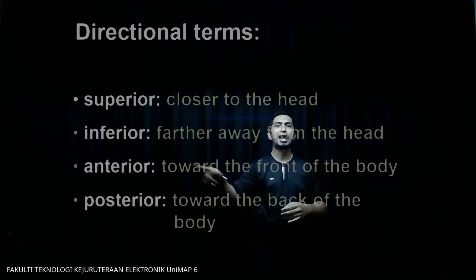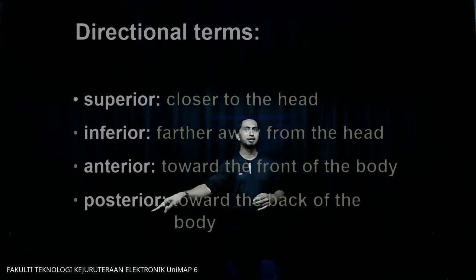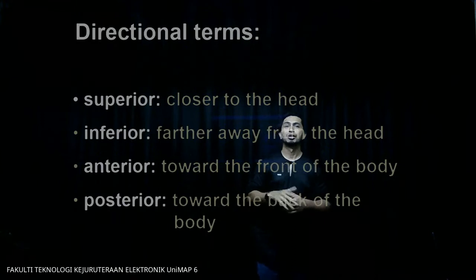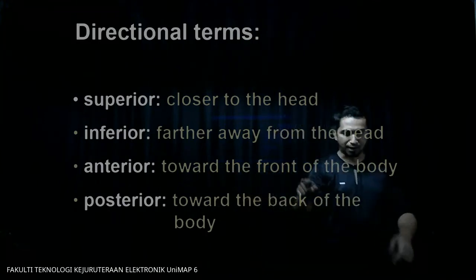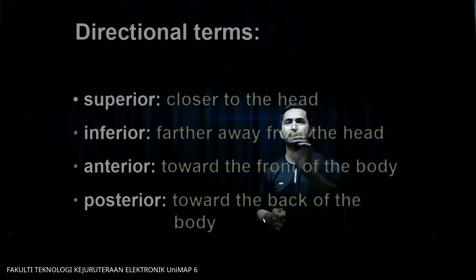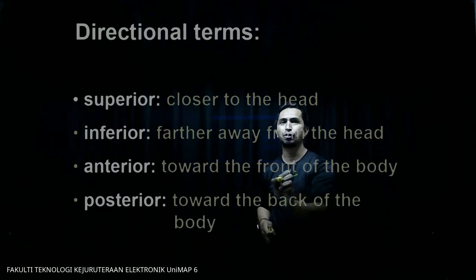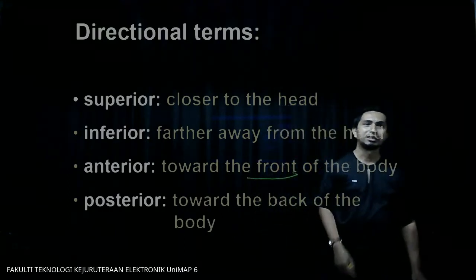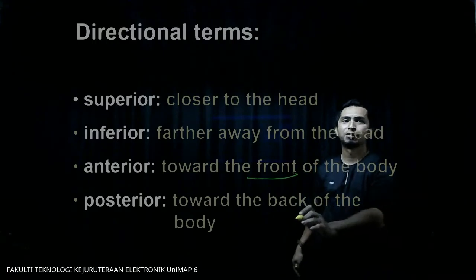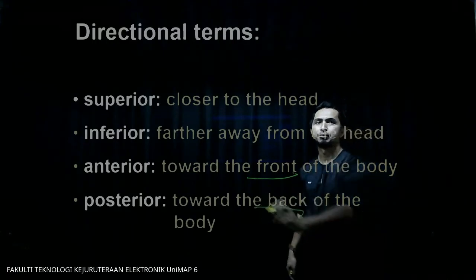Then we have anterior and posterior. Anterior is toward the front. This is the keyword, toward the front of the body. And then posterior is the back of the body.